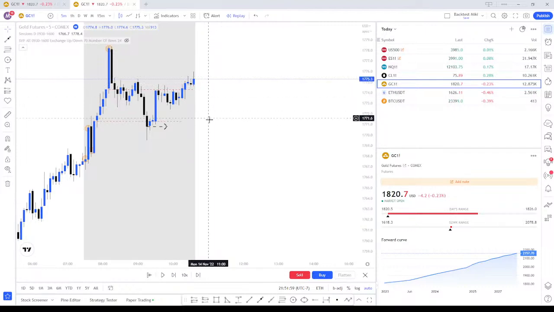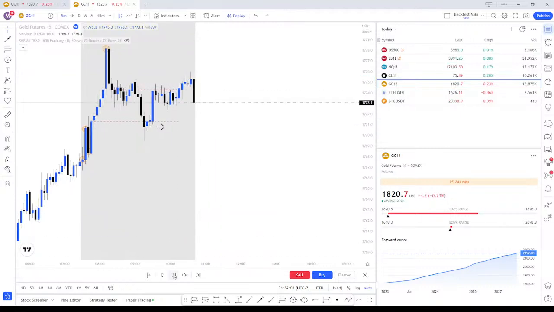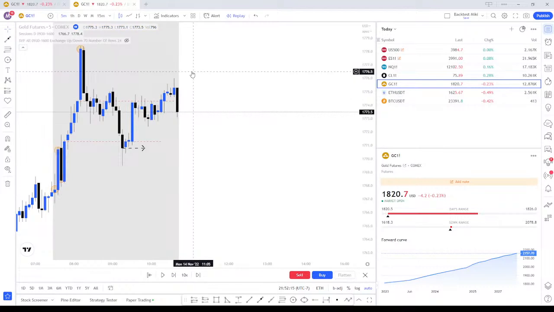Or should we just wait till price gets there? Or given that price was rejecting before it got there, maybe we just put our TP there. Once price gets there, just take profit, kind of thing.